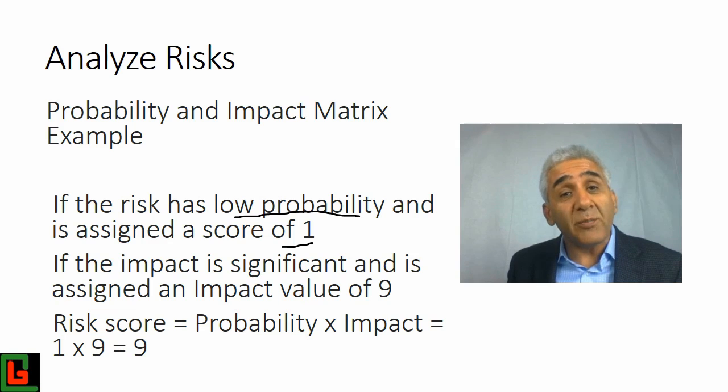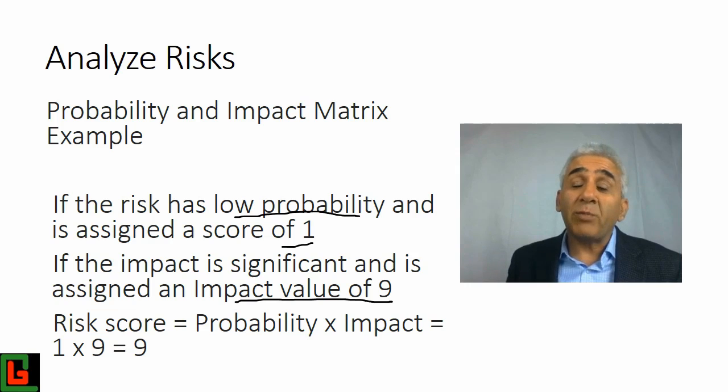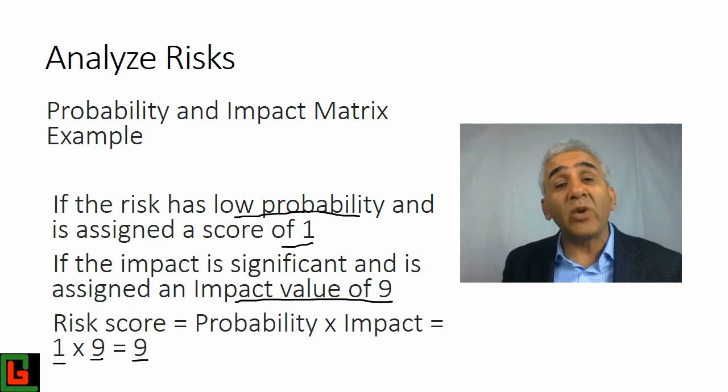It's not supposed to happen, but if it happens, it is going to have a very severe impact on the objective. So in that case, the impact value is assigned as 9. So the risk score is probability multiplied by impact, which is 1 multiplied by 9 is equal to 9. So this was another example of calculating risk score.